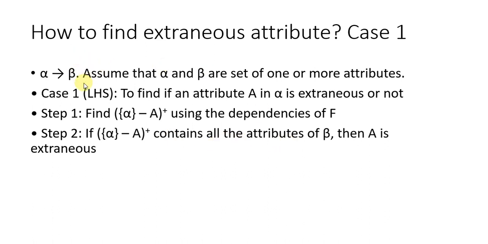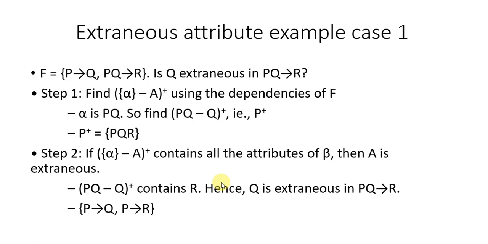Okay, and let's see one example for this case. F is equal to the set P to Q, PQ to R. And the question is, is Q extraneous in PQ to R?